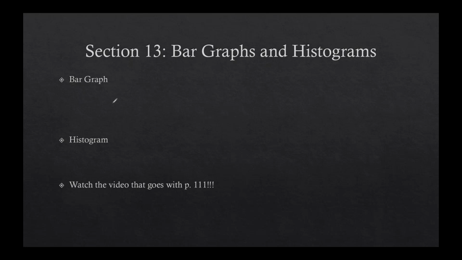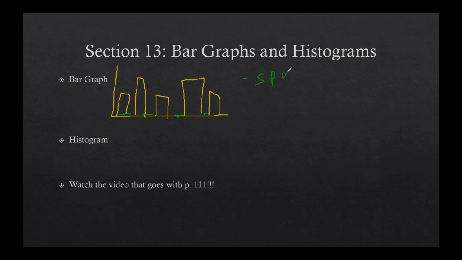So a bar graph, I think you can all picture a bar graph, right? We've got bars. So this would be an example of a bar graph. Not a good bar graph by any chance, but a bar graph. You will notice that in the bar graph that I just did, there are spaces between the bars. There must be space between the bars in a bar graph.